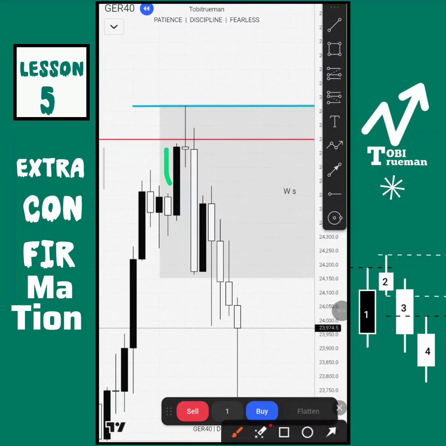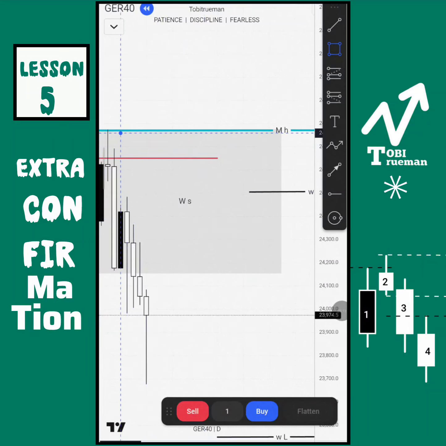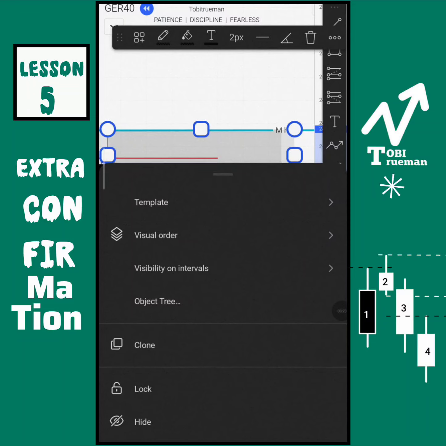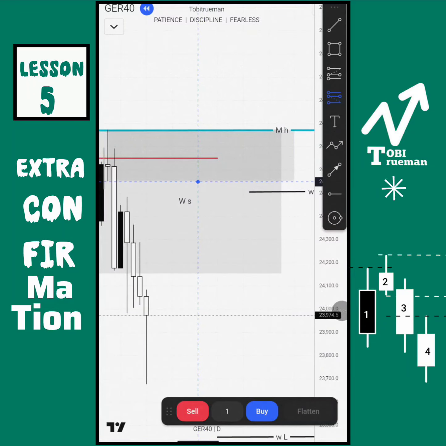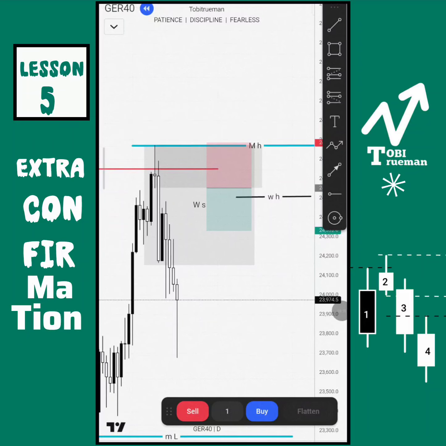We have candlestick 1 taken out by candlestick 2, then candlestick 3 closing below the low of candlestick 2 and the low of candlestick 1. This is our day supply zone, whereby we want price to come into that zone.